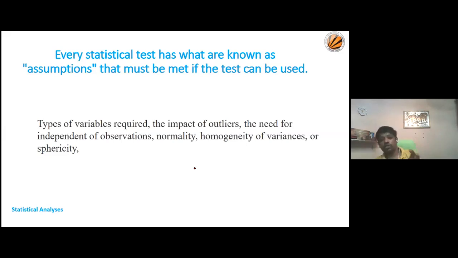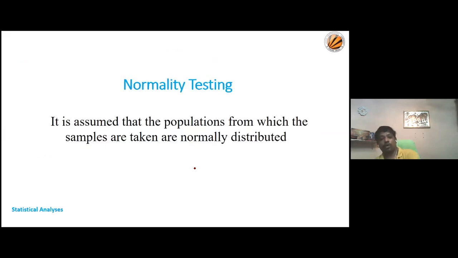All of these items are related to your assumptions. When you analyze the data, every dataset should meet these kinds of assumptions. The normality test assumes that the populations from which the samples are taken are normally distributed. So this is your normality testing, right?